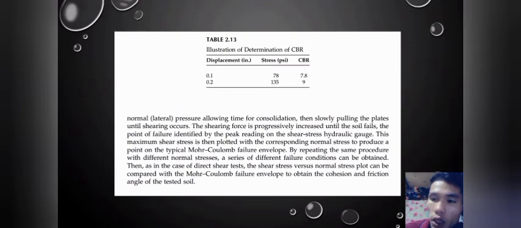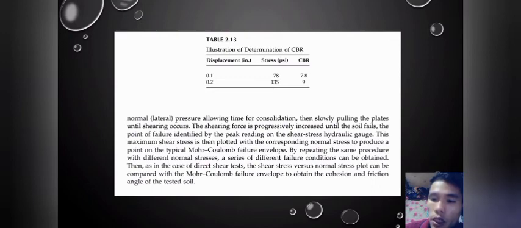So normal lateral pressure, allowing time for consolidation, then slowly pulling the plates until shearing occurs. The shearing force is progressively increased until the soil fails. The point of failure is identified by the peak reading on the shear stress hydraulic gauge. This maximum shear stress is then plotted with the corresponding normal stress to produce a point on the typical Mohr-Coulomb failure envelope.